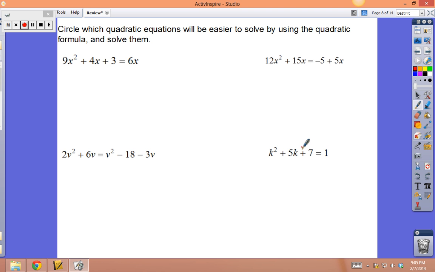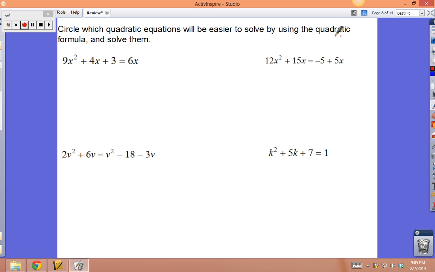Okay, the next bunch. Which ones are going to be easiest for the quadratic formula? The hint is anytime a is greater than 1, then that's probably your quickest bet, to use the quadratic formula. So if I subtract 6x from both sides, I get 9x squared minus 2x plus 3 is 0. This one I'm definitely going to use the quadratic formula.